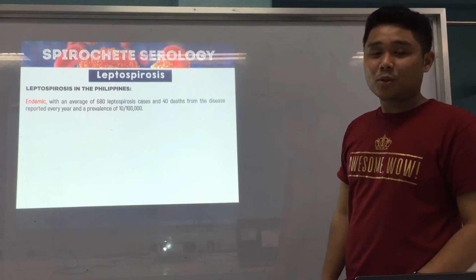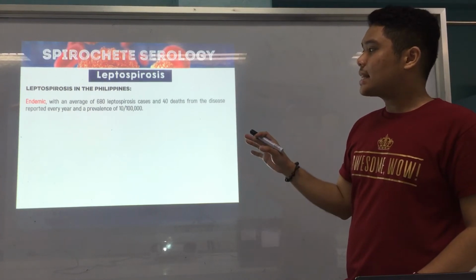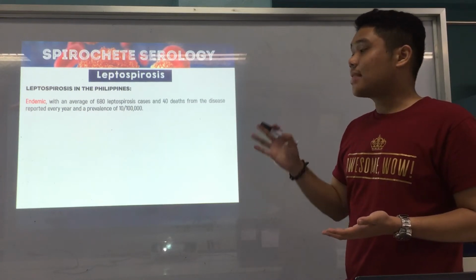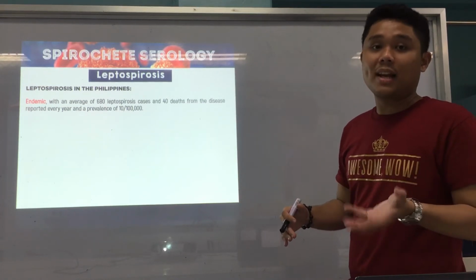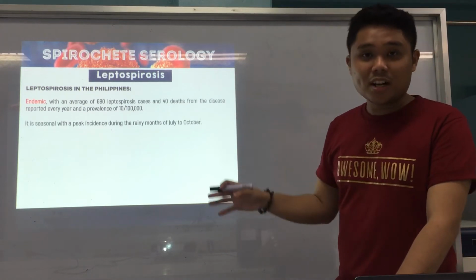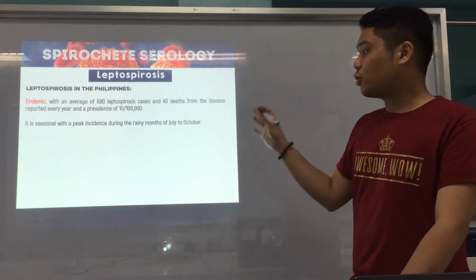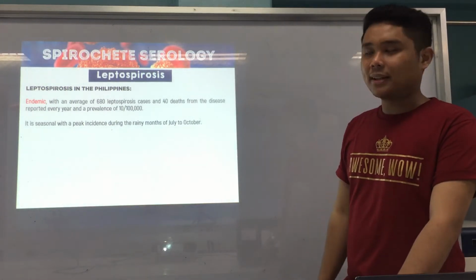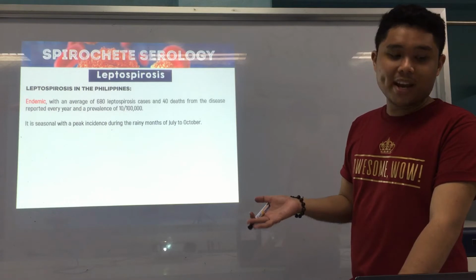There is an average of 680 leptospirosis cases and 40 deaths every year. The prevalence is 10 people for every 100,000, so it's quite prevalent and really common. It's seasonal, with a peak incidence from July to October because that's the rainy season, so there is more flooding and more chances of being exposed.